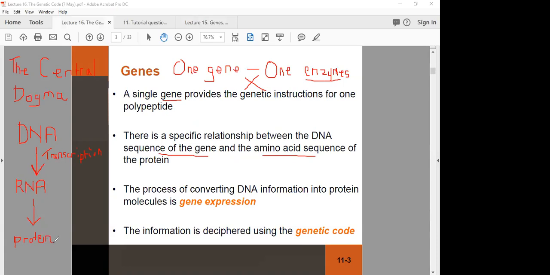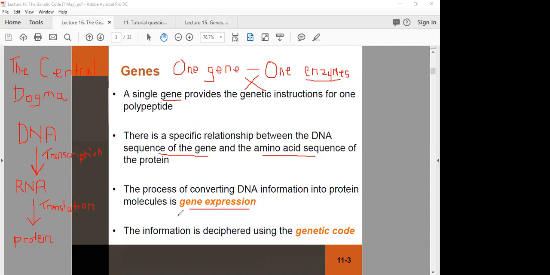And that part of the process is called translation. So the flow of information moves from DNA to RNA to protein. And this entire process of transcription and translation is referred to as gene expression.